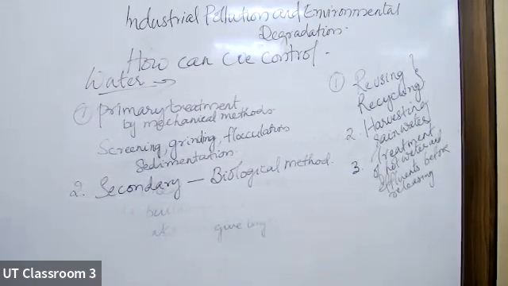NTPC has different places with thermal power stations, national thermal power stations. It is mostly in Jharkhand, Chhattisgarh, that belt, the Chota Nagpur Plateau, where we have seen industrial belts. So collecting the database of all the national thermal power stations, giving new suggestions and making basic improvements, because of that it got the ISO standard.